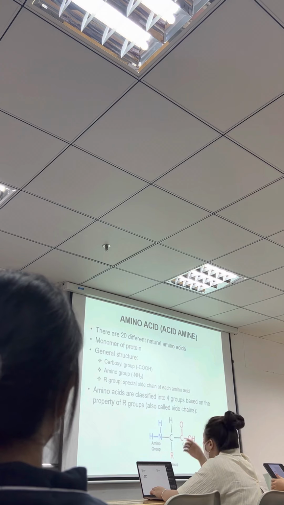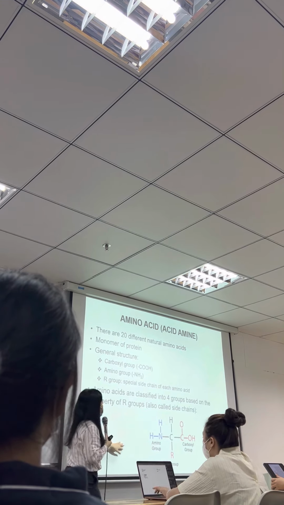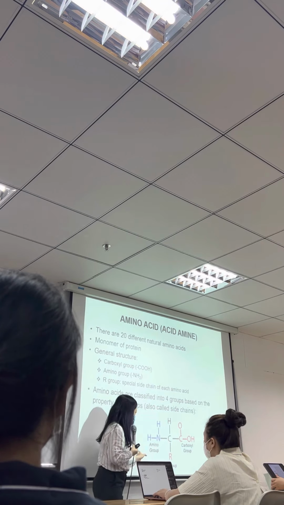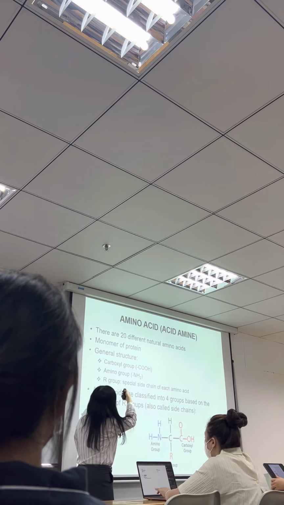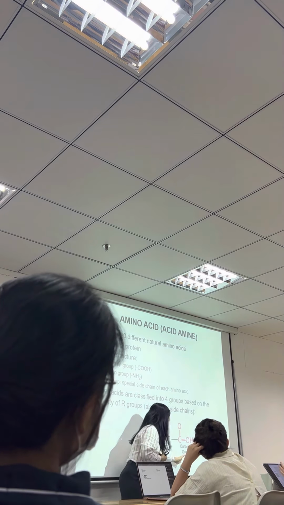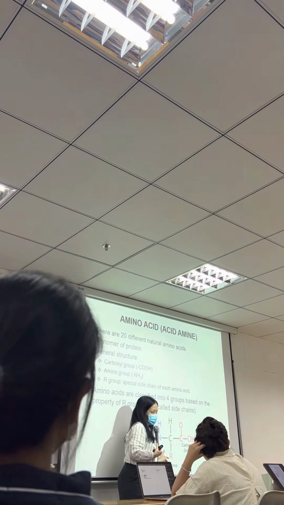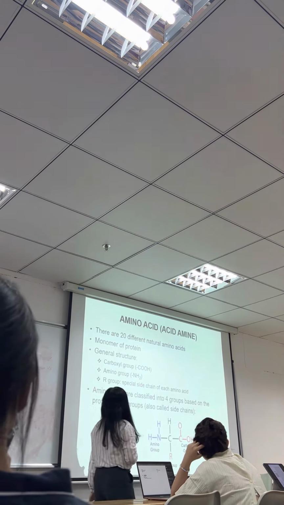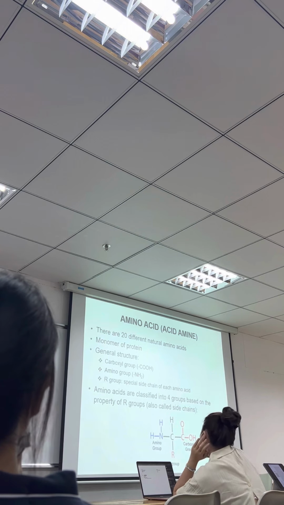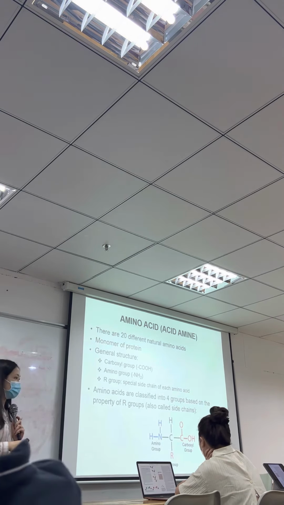All 20 different amino acids have the same general structure like this. So all 20 amino acids contain an amino group and a carboxyl group. The difference is here, the R group. The R group is the special side chain which defines the amino acid.